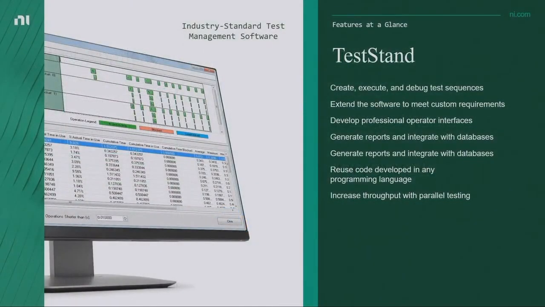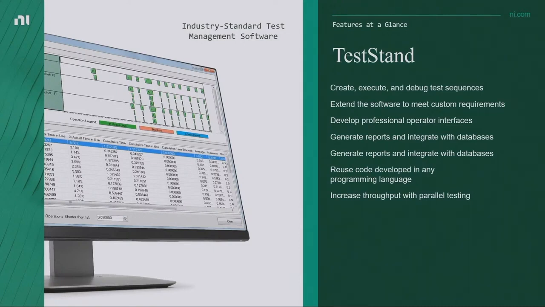TestStand is ready-to-run test management software that is designed to help you develop automated test and validation systems faster. You can use TestStand to develop, execute, and deploy test system software. In addition, you can develop test sequences that integrate code modules written in any testing programming language.